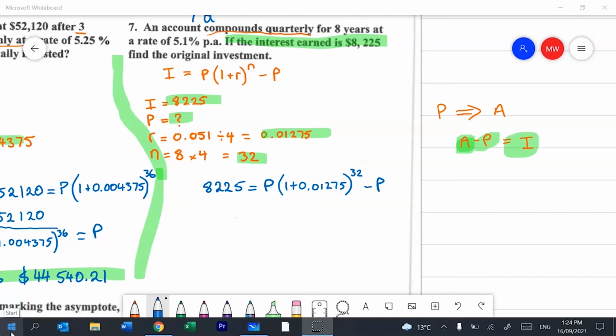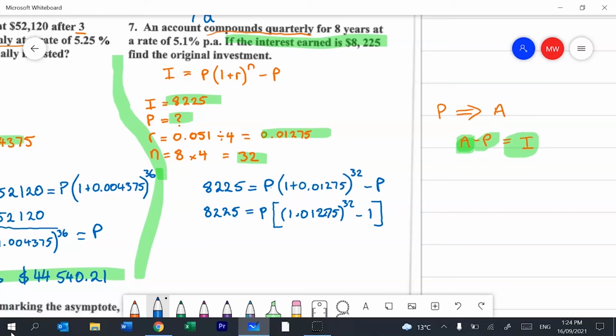It's going to be a little bit tricky with 2 p's in there, so what I'm going to do is factorize this. So I'll keep this the same, but I can see that there are 2 p's there, so I'll take p out the front of, and I'll give myself a giant set of square brackets here, because that applies to this 1.01275 to the power of 32, and it also applies to that p on the end, so that can become a 1, because p times minus 1 would make minus p.